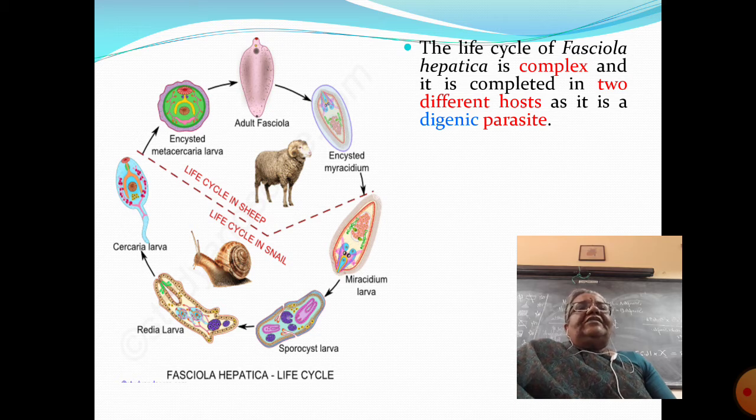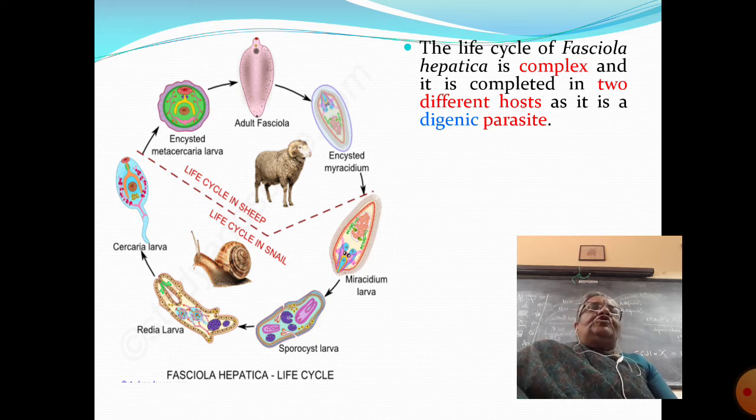It is not that easy to study, and actually it is completed in 2 different hosts. Please note, this particular parasite has 2 different hosts. As you see from the diagram, one is the sheep, that is the primary host, and the other one is the snail, that is intermediate host.